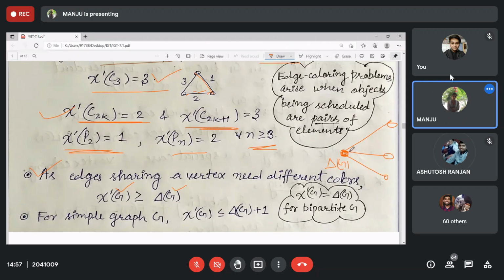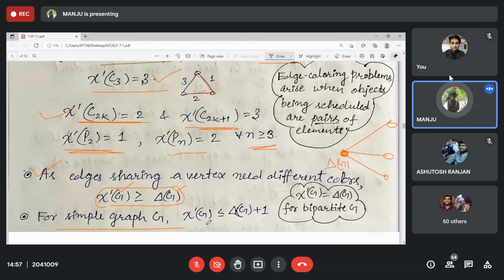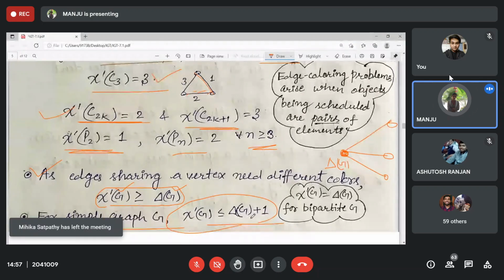So for any graph, the minimum is delta of G, and the maximum is delta G plus 1. This is for simple graphs.